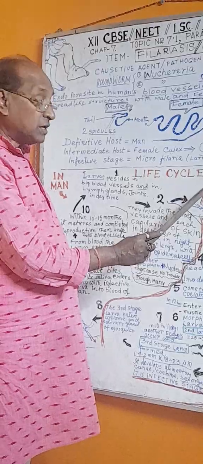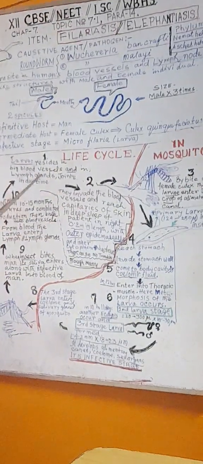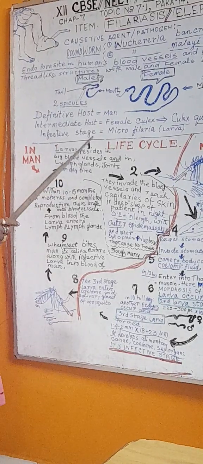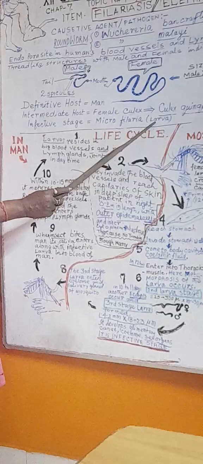Then you see in which stage they attack human beings. It is the infective stage, known as the microfilaria. This is the larval stage, the attacking stage.